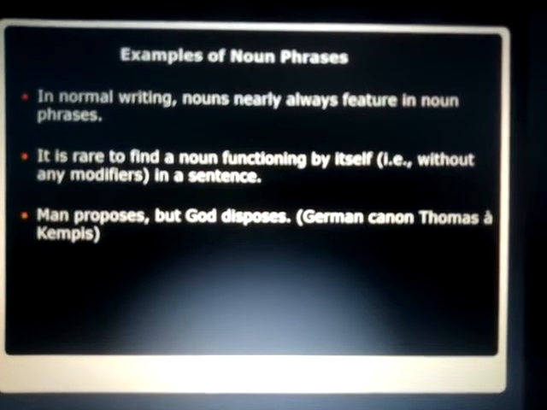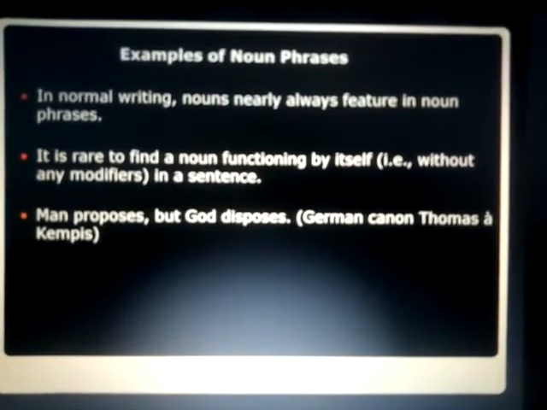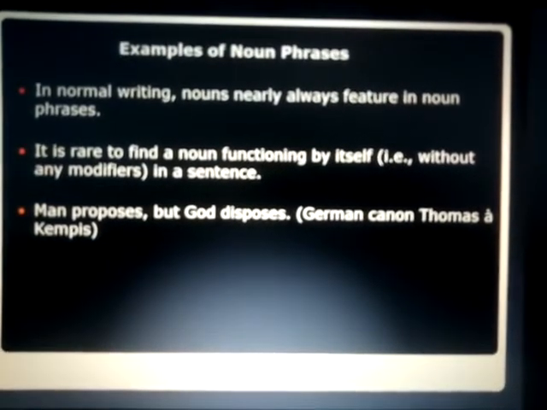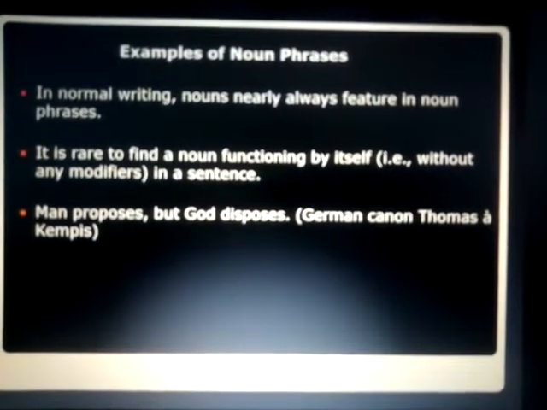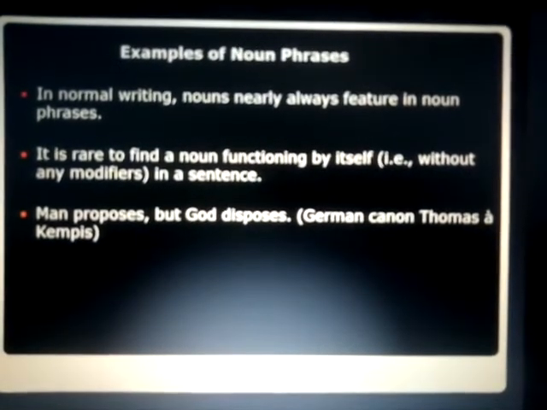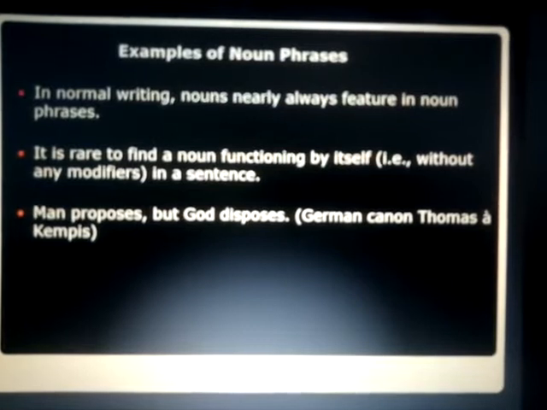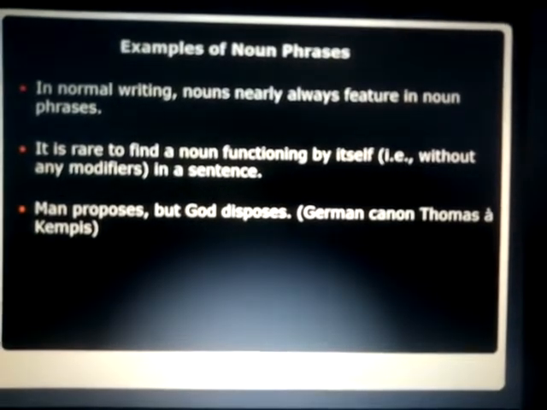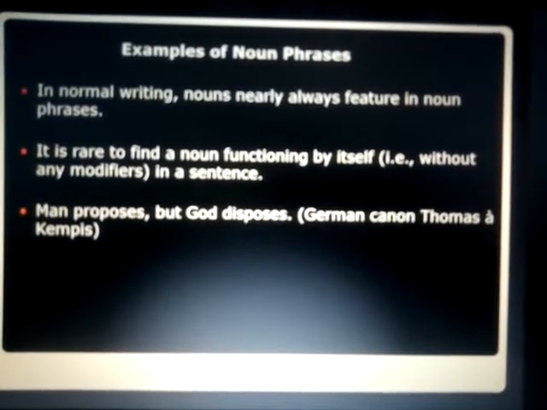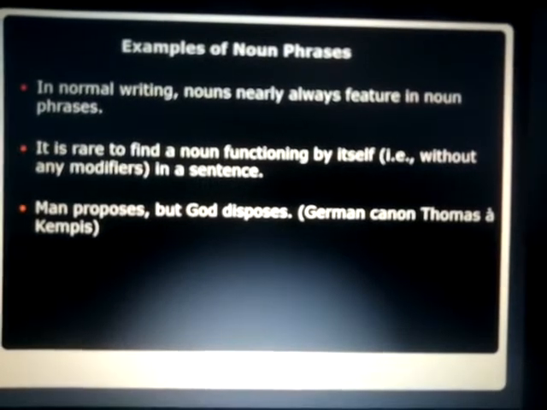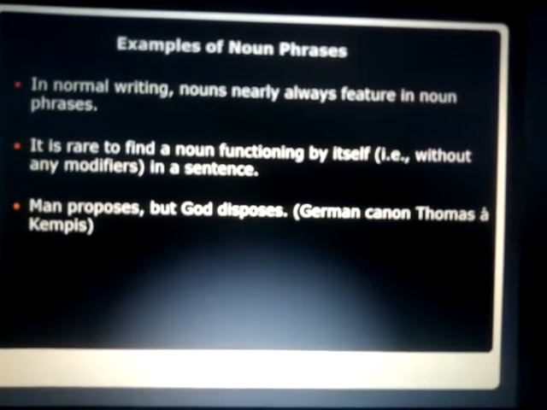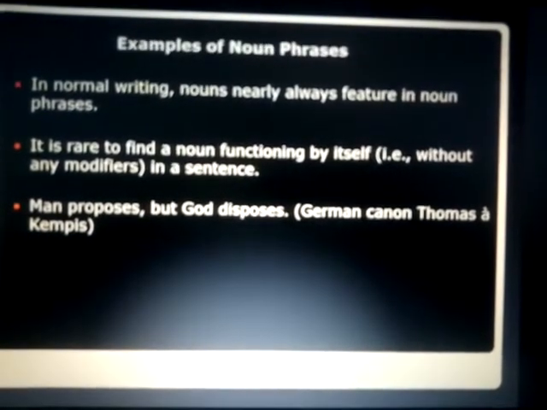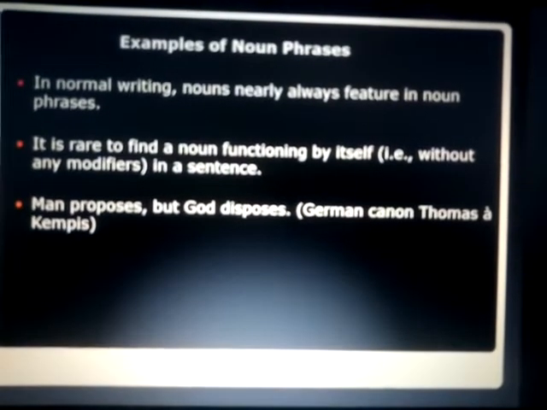It is rare to find a noun functioning by itself, that is, without any modifiers. Without what? Any modifiers in a sentence.